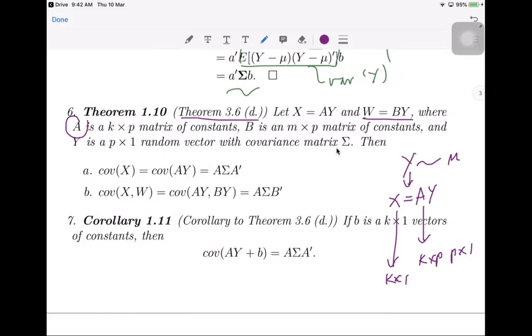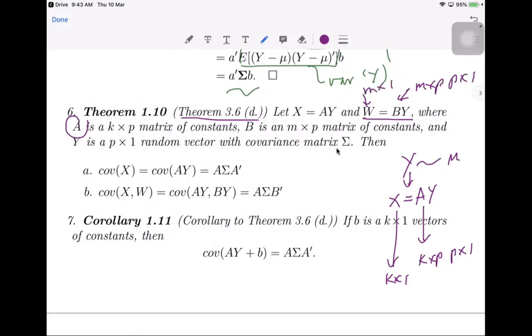And then you have a transformation again on y by pre-multiplying it by an m by p matrix. Y is p by 1. So this w now is an m by 1 vector.